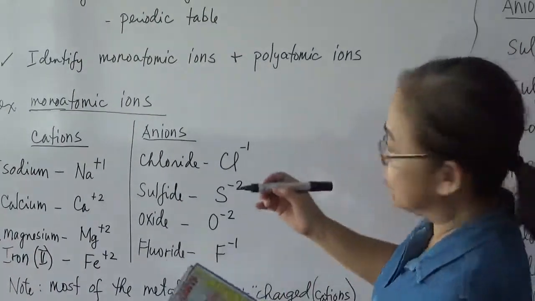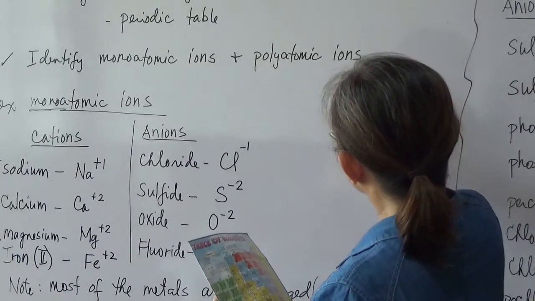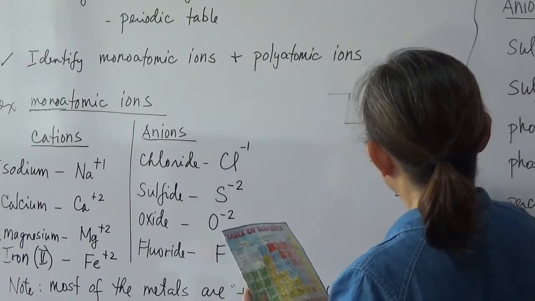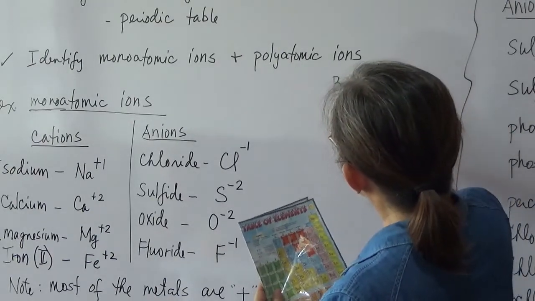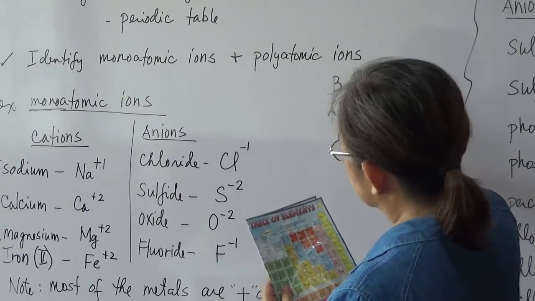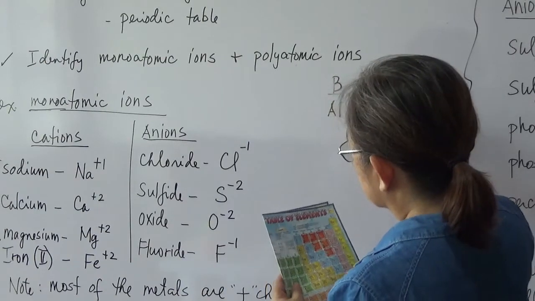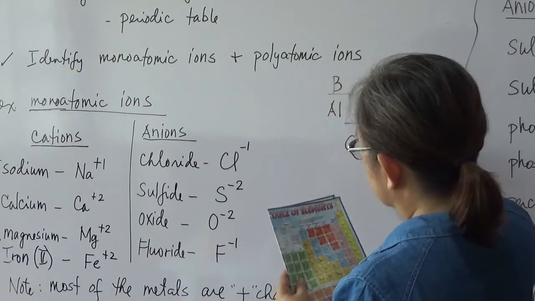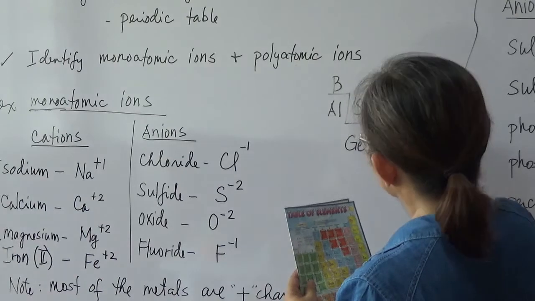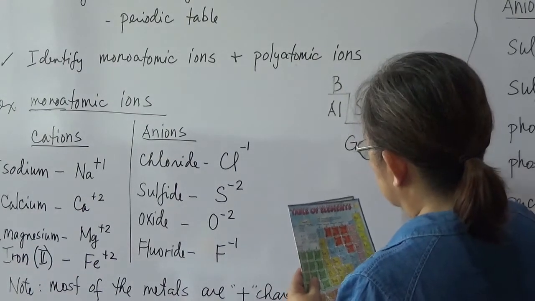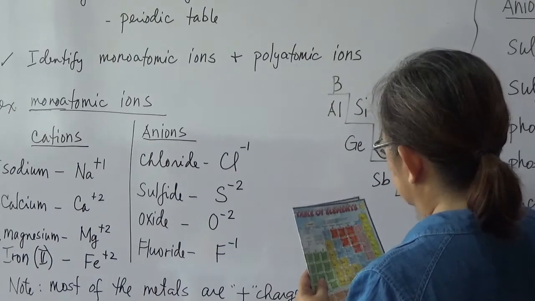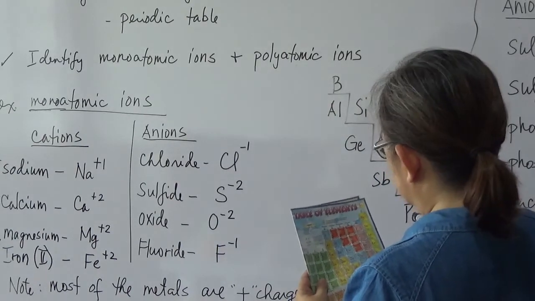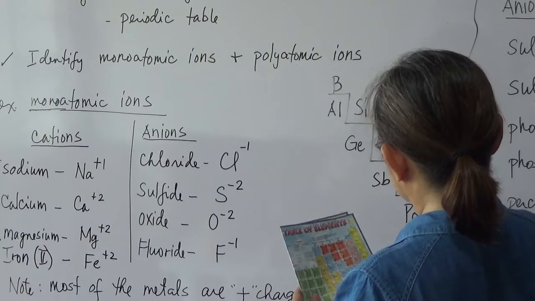So this is a review. You can see there a zigzag line wherein in this portion you have the boron, the aluminum, the silicon, the germanium, the arsenic, the antimony, the tellurium, polonium, and astatine.